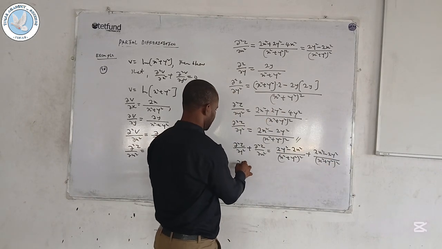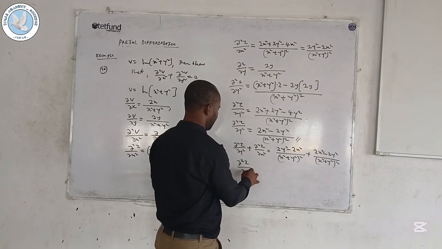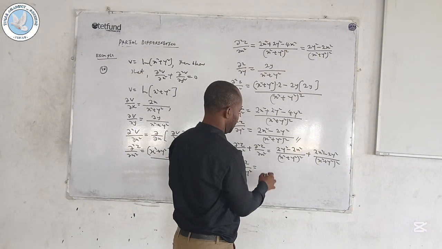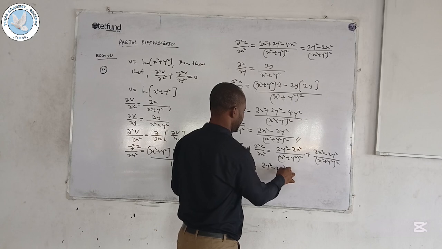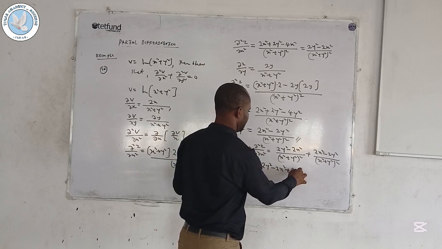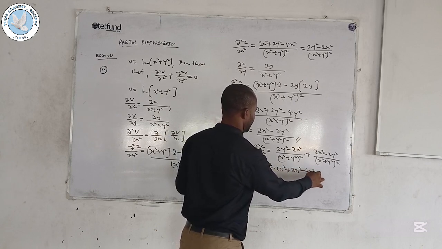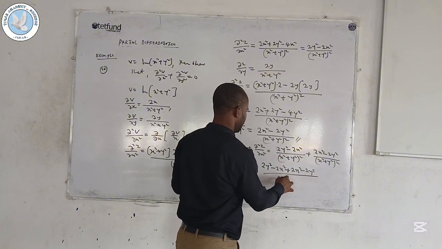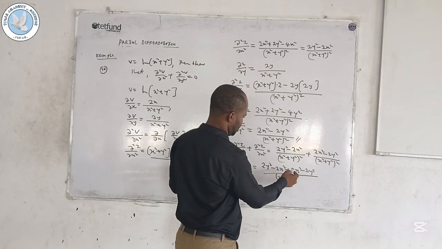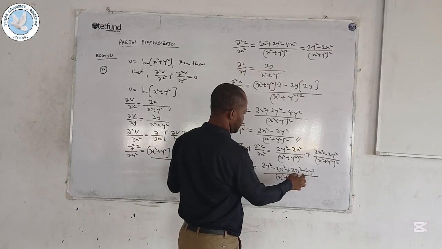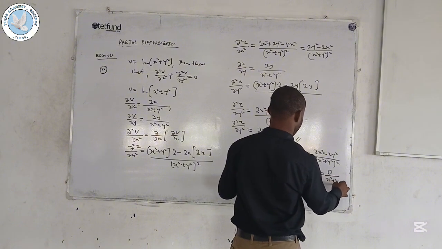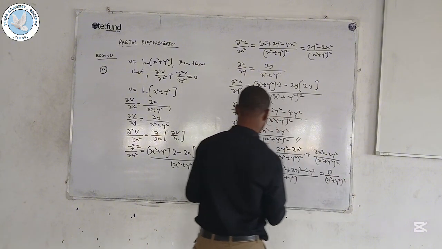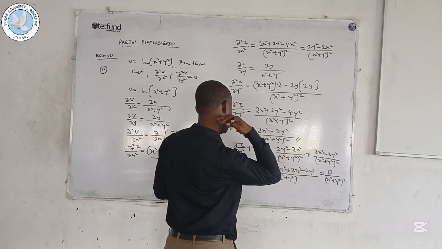So let's simplify the whole expression. It's going to be 2 minus 2x squared plus 2x squared minus 2y squared. All this divided by this squared. So this cancels this and this cancels this. We're having this divided by this. So it is actually proven.